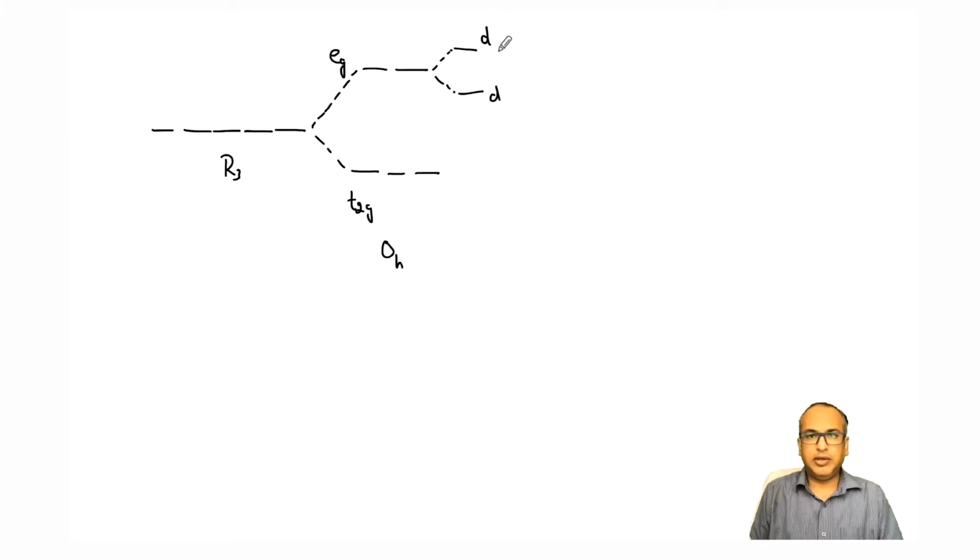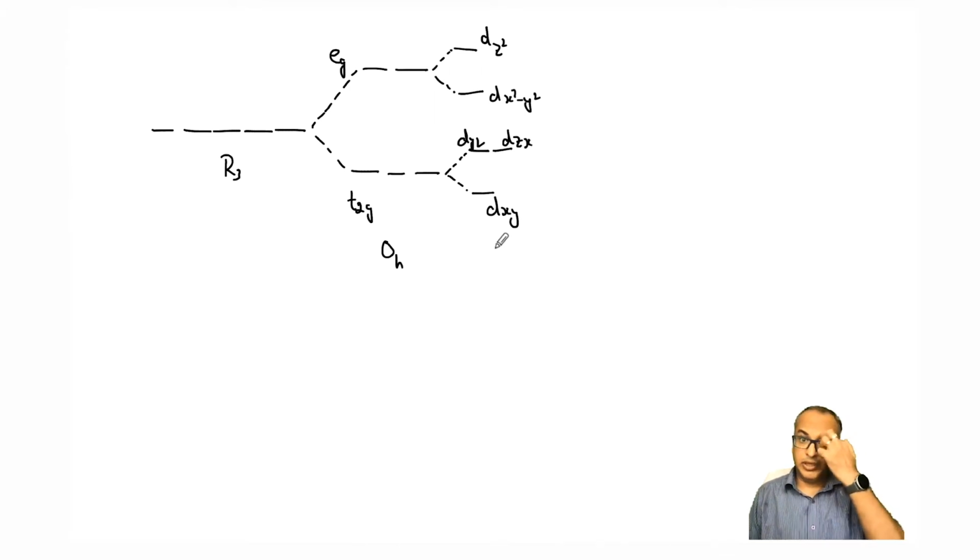So you will have dz square and dx square minus y square, and the corresponding symmetries will come here, and you will have two here. dxy will be lower, with dyz and dzx. So this will be D4h only, but this is the case of tetragonal compression.